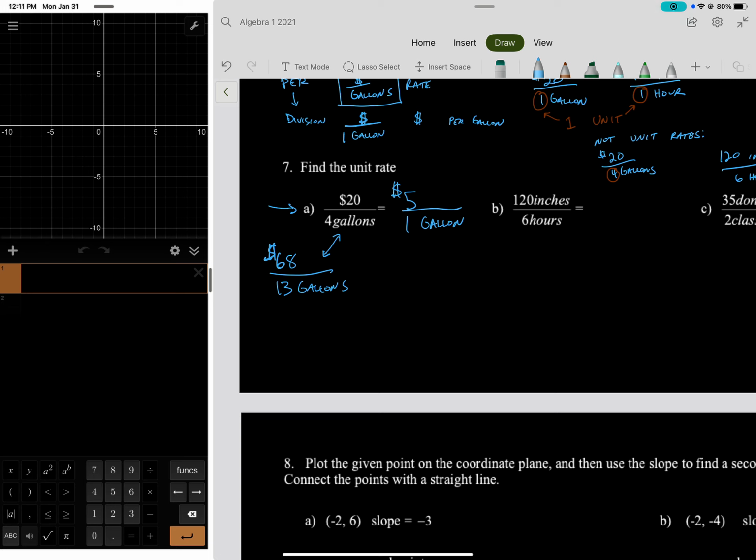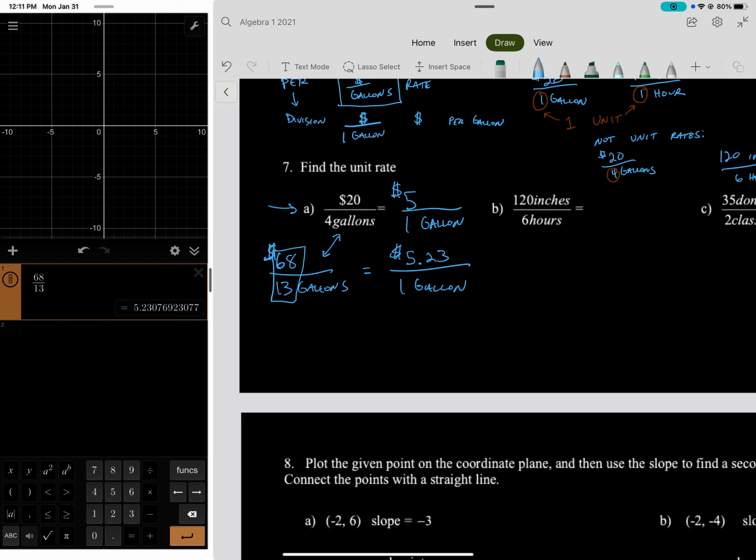If I want the unit rate, I'm going to turn it into 1 gallon. And then if I want the number up top, I'm going to actually do the 68 divided by the 13. So I'll use decimals over here. 68 divided by 13 tells me it's like 5.23. So I know it's going to be $5.23 per gallon. So which one was the cheaper?